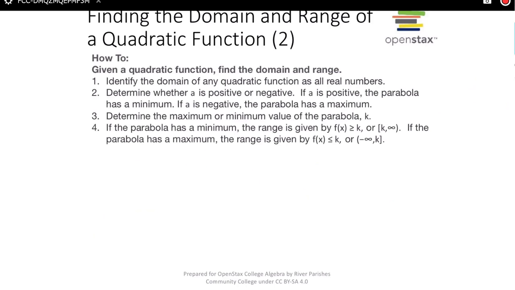So now we're going to find the domain and range of a quadratic function. Again, determine whether a is positive or negative. If it's positive, the parabola opens up and has a minimum. And if it's negative, the parabola opens down and has a maximum. This is the a that we're referring to here.